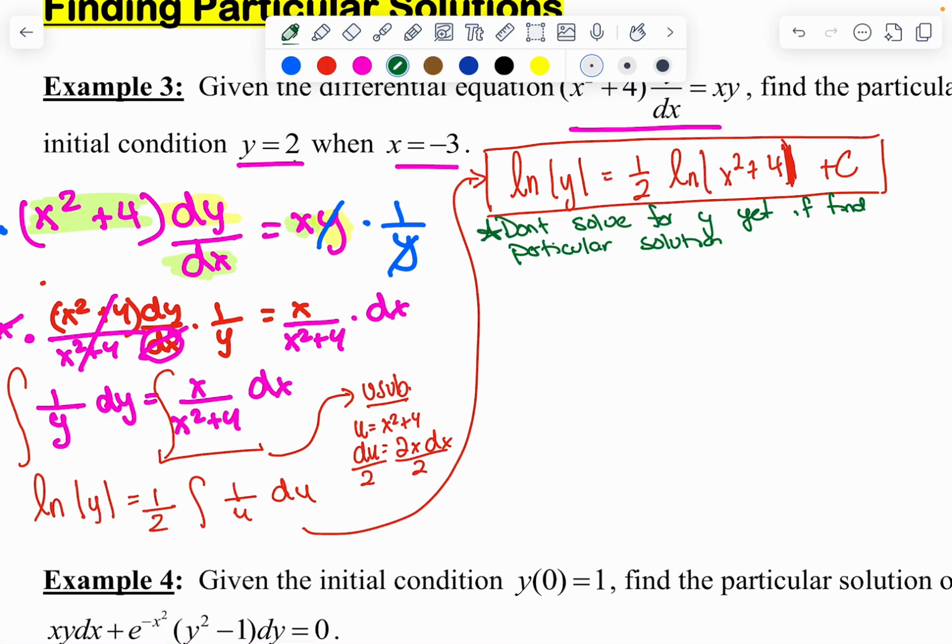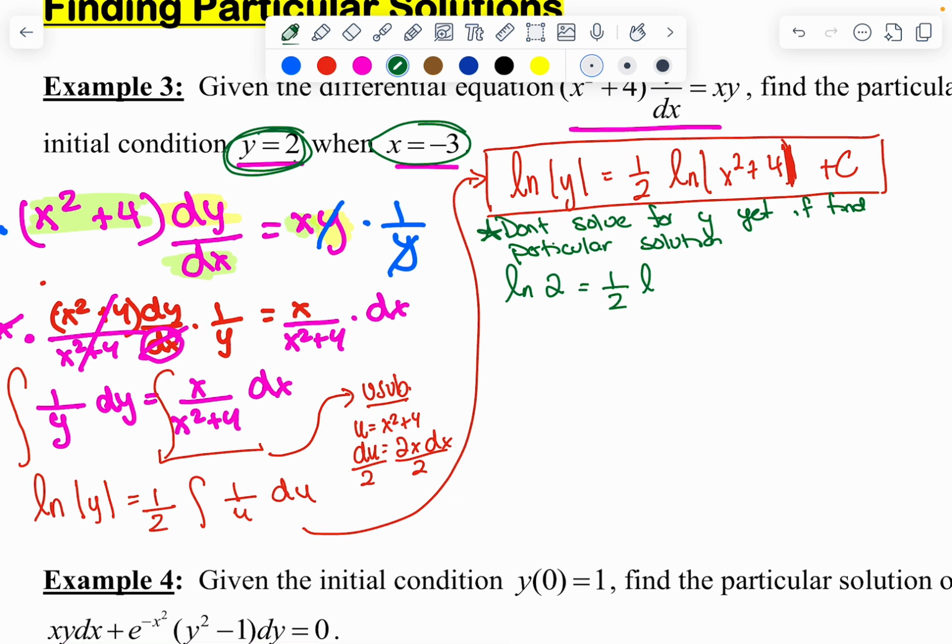So I'm going to take my initial conditions, which is y is equal to 2, x is equal to -3, and I'm going to plug it in to that general solution to help me solve for c. So this is going to be ln of 2. I can eliminate those absolute values because 2 is a positive number, times 1/2.